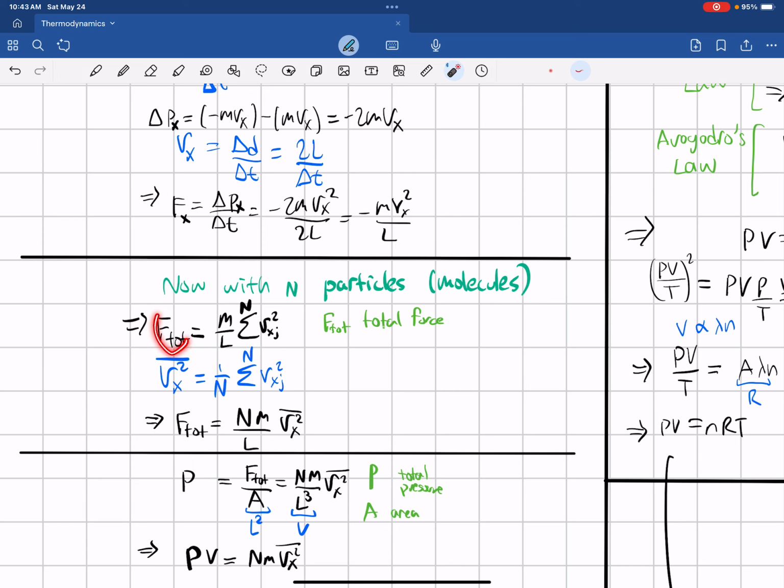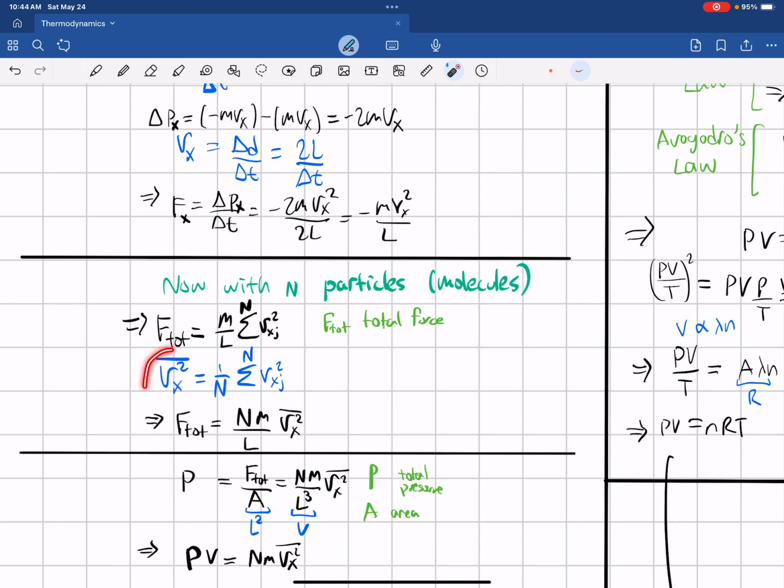But we'll just call it force total, and it's equal to m over L, and then it's the sum of many vxj squared. So this sum will go from j to N, so this sum here will be vx1 squared plus vx2 squared plus dot dot dot up to vxN squared.